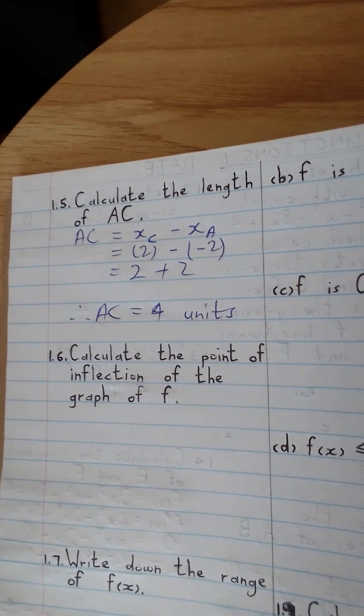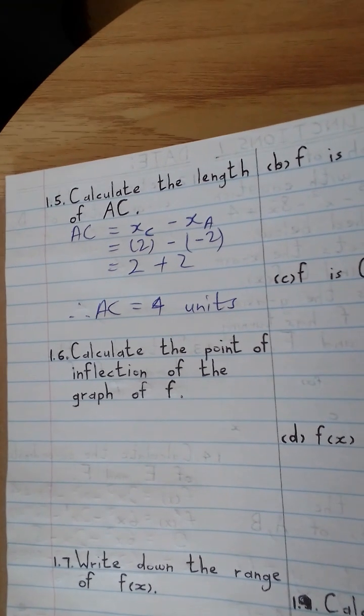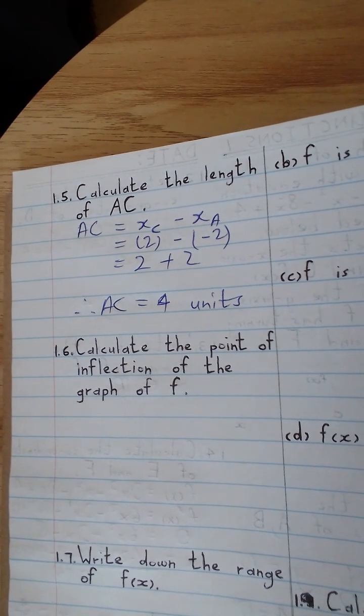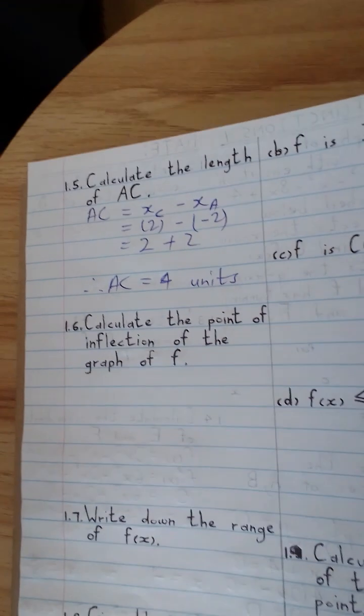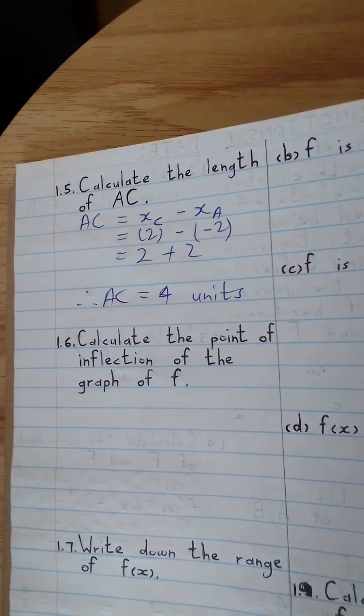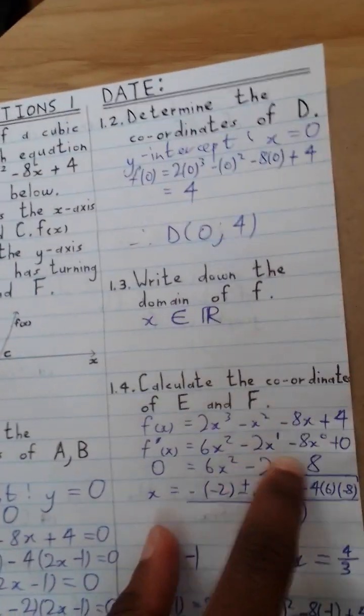Okay, now I took up too much space. Calculate the point of inflection of the graph of F. Point of inflection, you do the second derivative and then you equate to 0. The first derivative is f prime of x is 6x squared minus 2x minus 8.